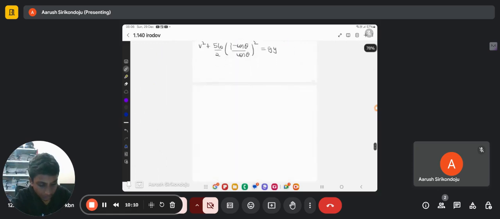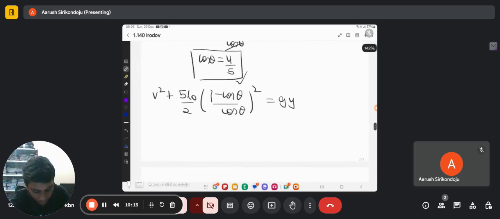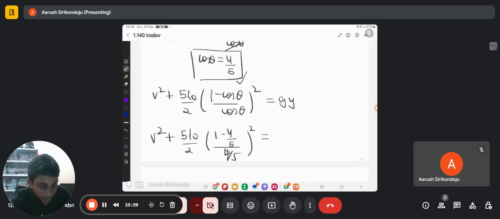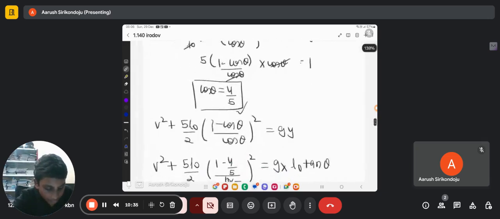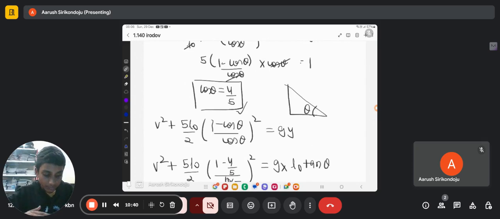Okay, let's take another page. V square plus 5 L naught upon 2 into, let's substitute the value of cos theta also. Here we get 1 minus 4 upon 5 by 4 upon 5, the whole square equals to G into L naught tan theta. So now if you carefully observe, let's draw a triangle with theta over here. Cos theta is adjacent upon hypotenuse.